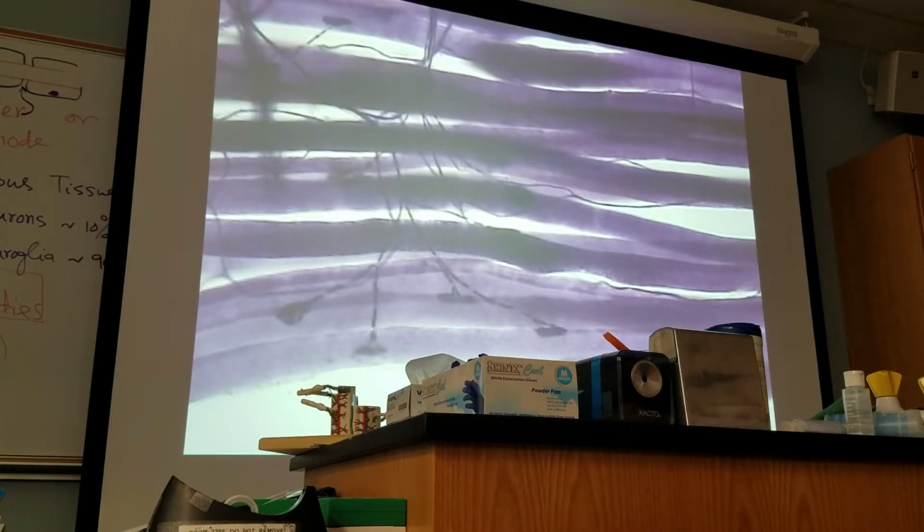Can you see the node of Ranvier? These axons are myelinated. And this is a skeletal muscle, and this is a motor neuron. So this is a part of the somatic nervous system.